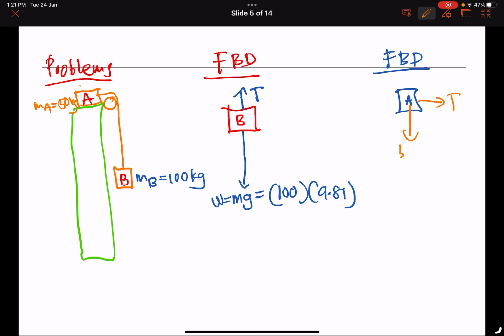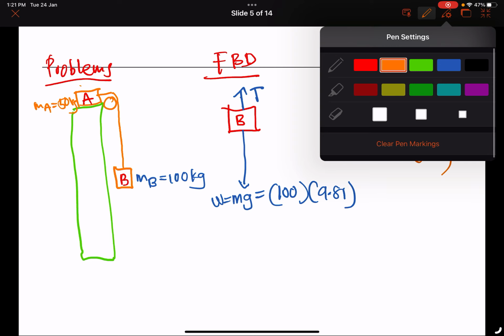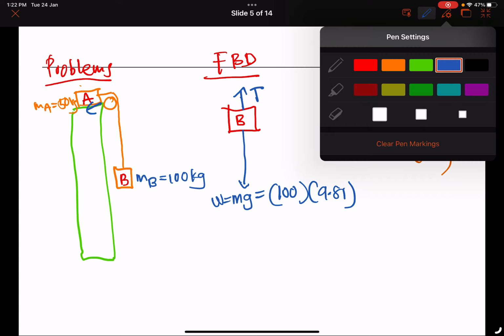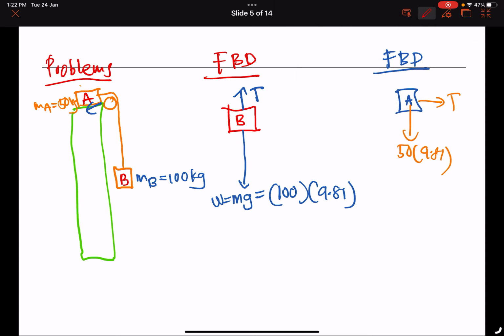So you have to put this weight, and then let's say there is some friction force that opposes the movement. Then you have to put the friction force there.